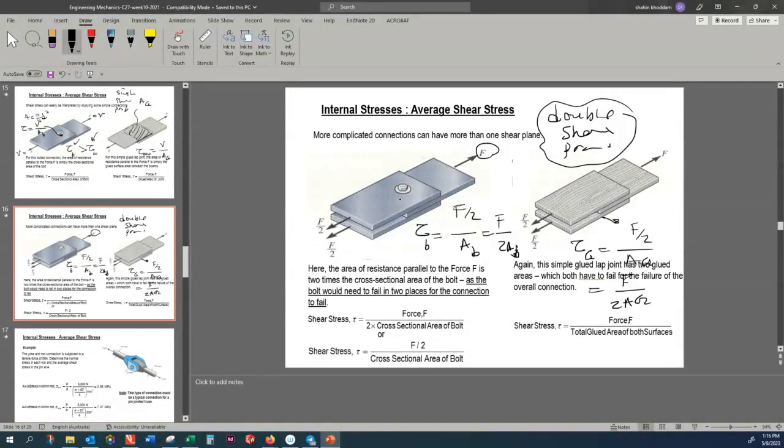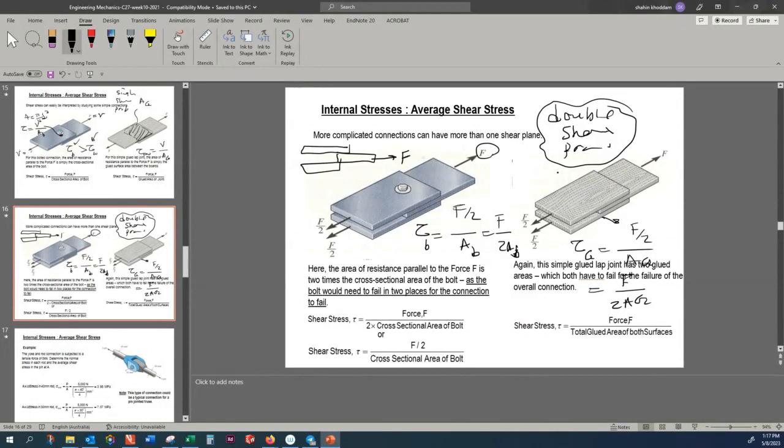Most of the shearing stress problems you solve are either double shear, single shear, or in some rare cases, might be a triple shear problem. You have to identify what type of problem that is, and you can answer this by making a free body diagram. Here, my free body diagram would be like that.